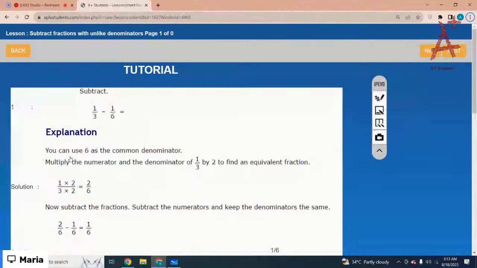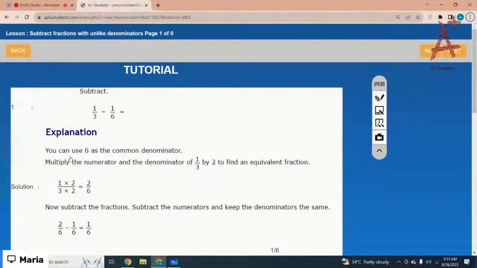So you have to multiply the fraction by 2 to make its denominator equal to 6, right? So it would now be 2 over 6 minus 1 over 6. So they have like denominators. Just subtract their numerators. 2 minus 1 is 1 over 6, right?